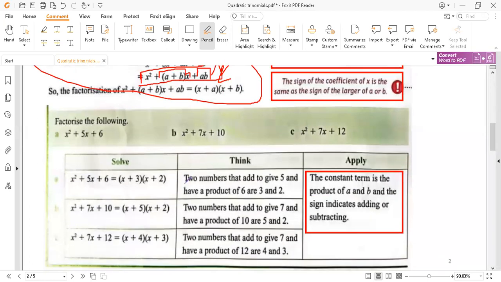First of all, x squared plus 5x plus 6 should be written as (x plus a) times (x plus b). But we should know that this numerical part is very important, because this term, plus 6, for example, is like the product ab.